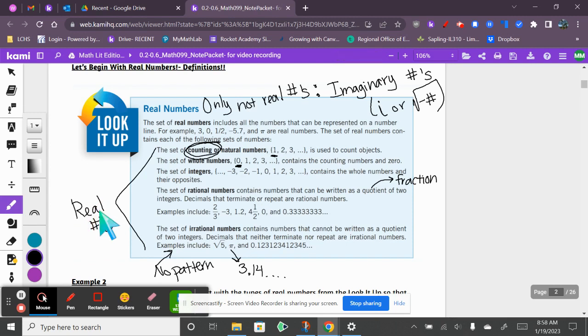One thing to also consider is all real numbers are going to be either rational or irrational. They'll always fit into one of those two categories. Now, they might also be these other ones, but all real numbers will definitely always be at least rational or irrational.